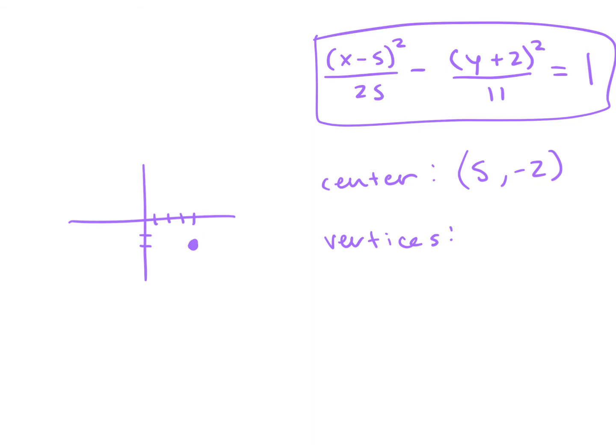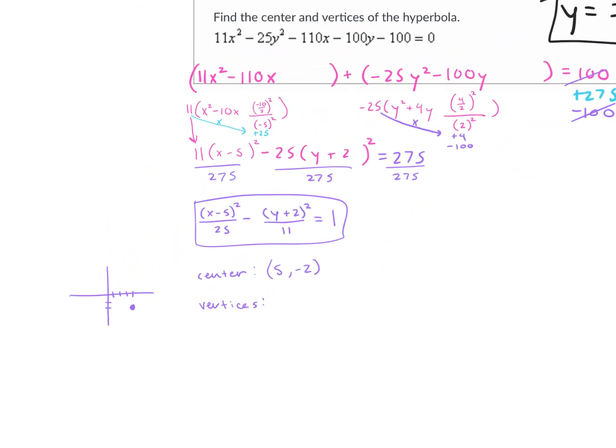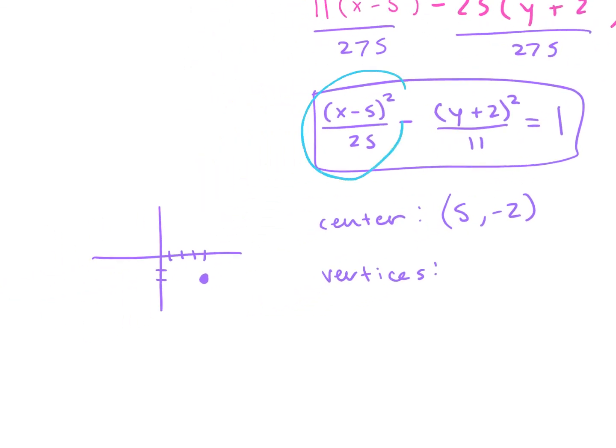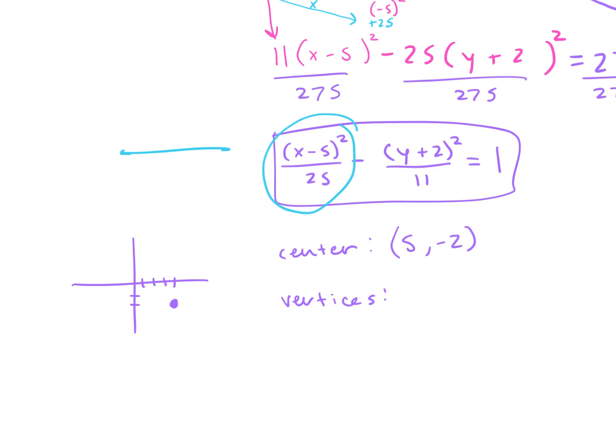Is our hyperbola, are we going vertically or horizontally for our vertices? Horizontally. Why? The x is first, so that means we go horizontally. So I'm going to go to the right how many? Go to the right 5, and then I go to the left 5.